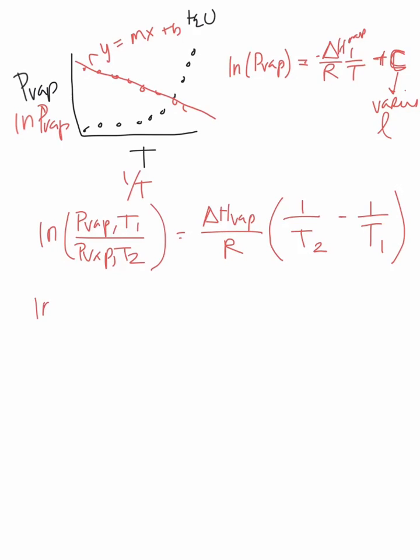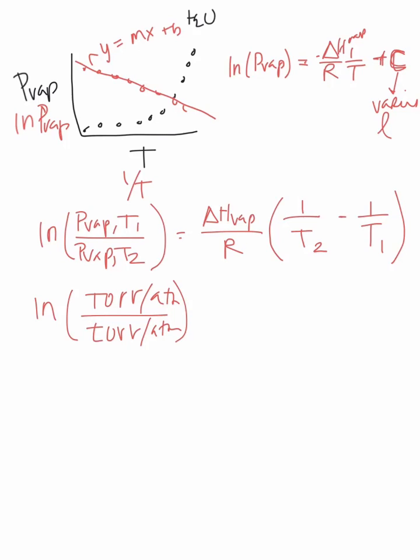Let's say we take the natural log of our two pressures, and we have the pressure at temperature 1 in some value with the unit torr, and another temperature where our pressure is also given in torr. This could be torr, ATM, or bars.